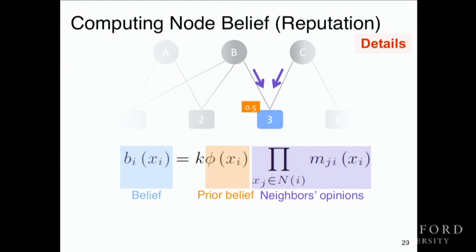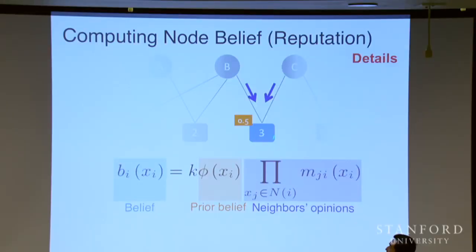If I want to compute the file reputation for file 3, what I really need is my incoming opinions, what my neighbors tell about me, and also my prior belief, what I knew beforehand, even without doing anything. You combine all these, actually by multiplication, and then you'll be able to get the estimate. So that's what you get from one equation.